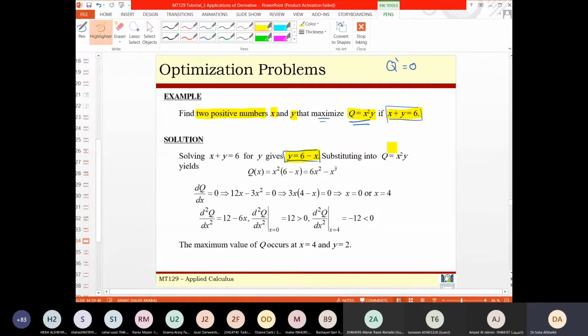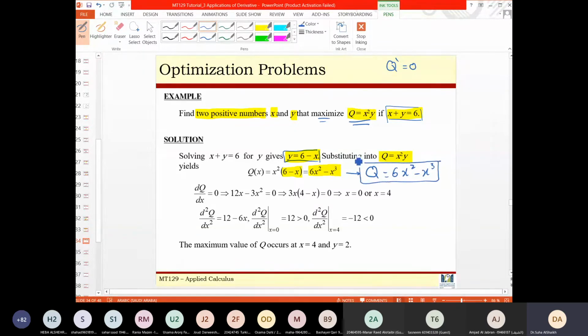If you have q is equal to x squared y, and you know that y is equal to 6 minus x, substitute y with 6 minus x. So this will be x squared في y, which is 6 minus x. This will be 6x squared minus x cubed. And this is my new q now. My q now is 6x squared minus x cubed. Now I can find its derivative.